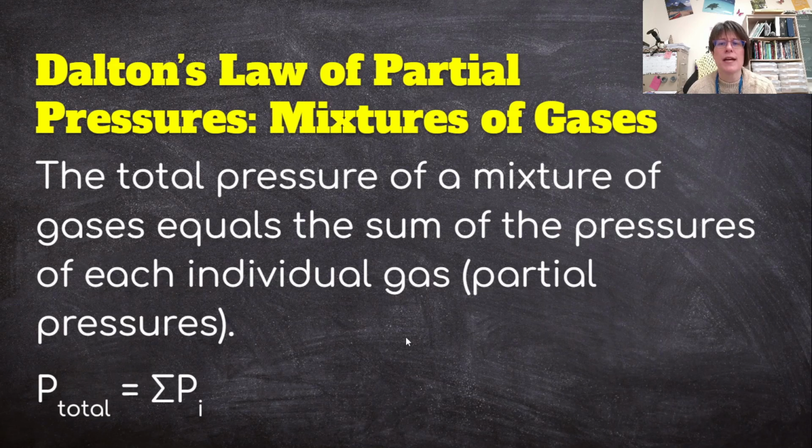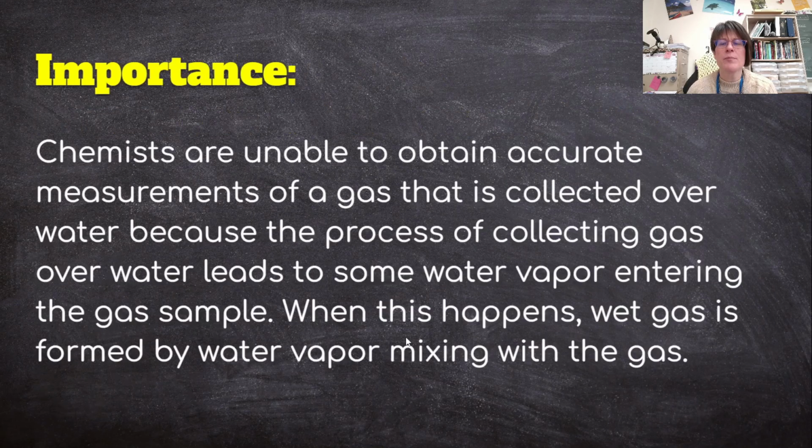If you have a mixture of 2 gases, it's just 2. If you have a mixture of 10 gases, you have to have 10 different pressures. We're not going to do any problems with this, but this is the importance of knowing this law. Chemists are unable to obtain accurate measurements of a gas that is collected over water because the process of collecting gas over water leads to some water vapor entering the gas sample.